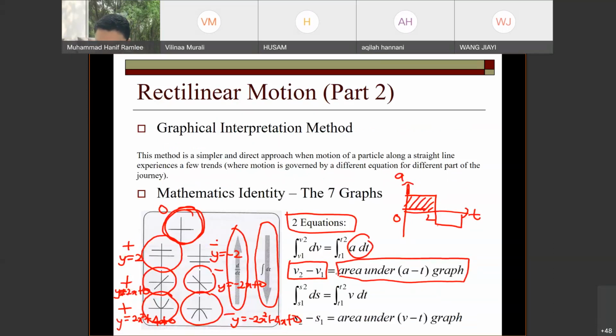In my case, I put it 0 until 2: T1 is 0, T2 is 2. So if given an AT graph, you can get the values of V2 and V1 from the area under the graph. And let's see this, I erase it first.